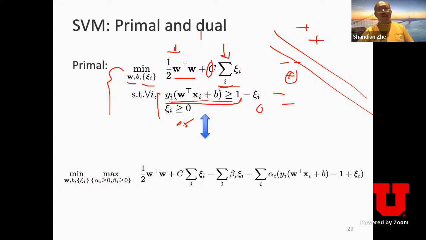And second, the functional margin must be no less than 1 minus KCI. Are we on the same page? This is a quick review of our soft SVM formulation. Okay, so the next thing is quite mechanical. We're going to apply the primal and dual form we just introduced to our SVM objective.